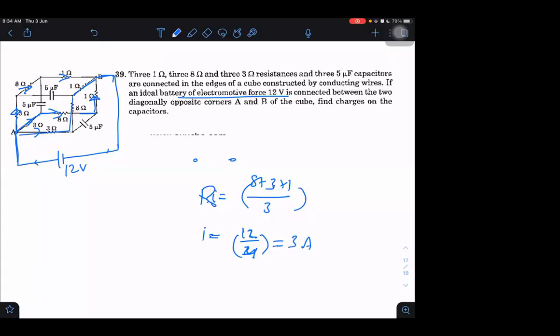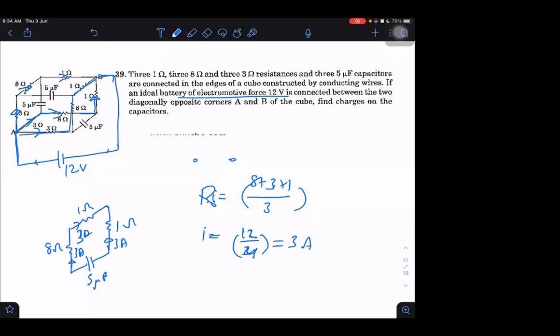Take any one closed loop and try to write the equation for that closed loop: 1 ohm, 1 ohm, 8 ohm, and the 5 microfarad capacitor. What is the current flowing through this side? Same current in all the branches, 3 ampere, but the direction is different here.